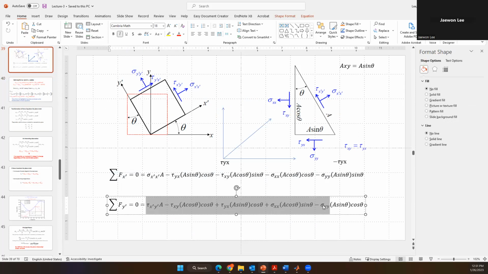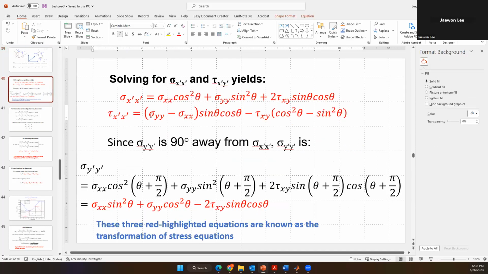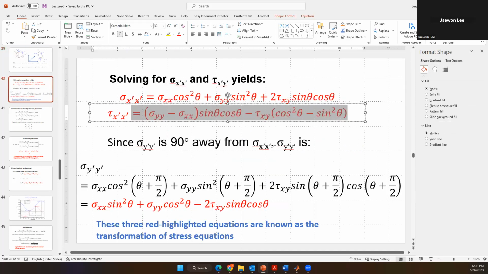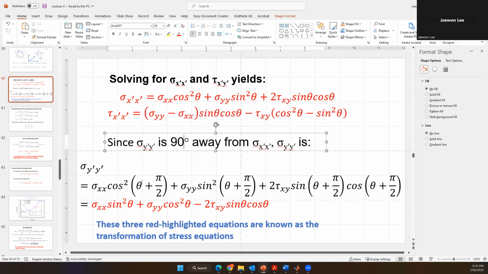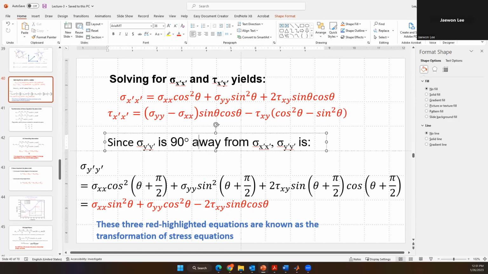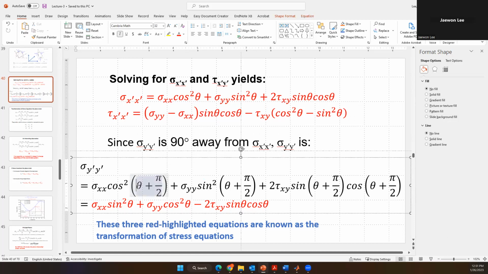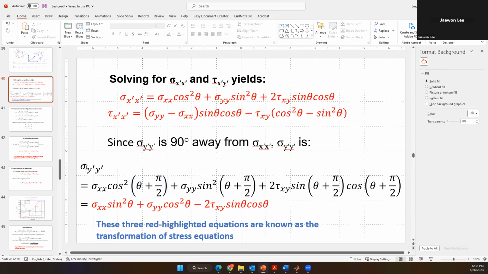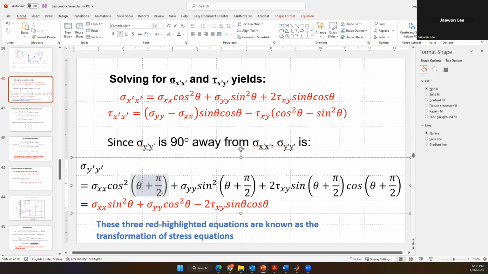Tau yx is from here. In the 90-degree case, since x and y directions are 90 degrees apart, we can rewrite sigma y prime by just adding pi over 2.